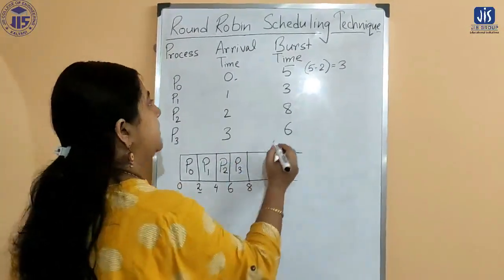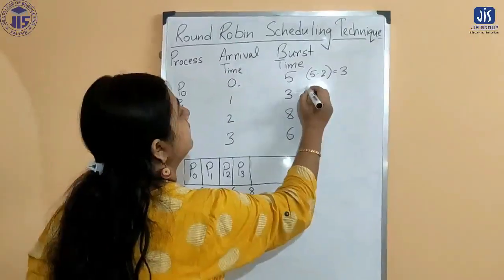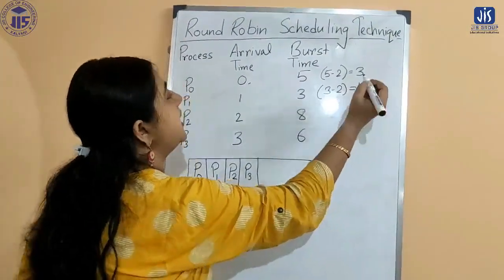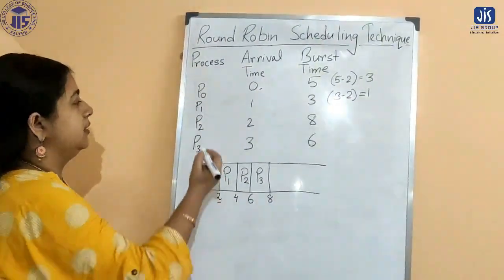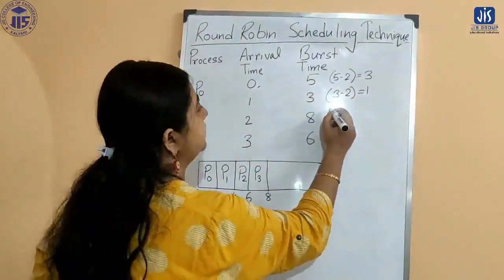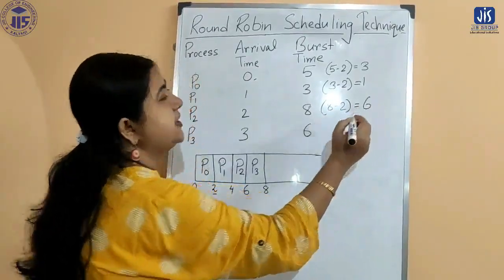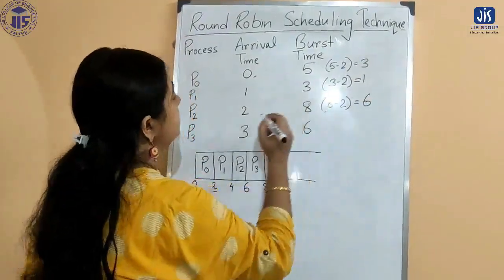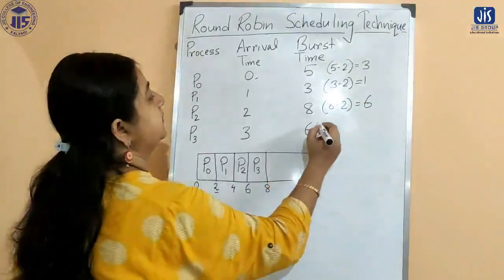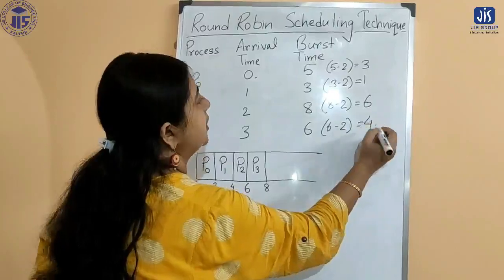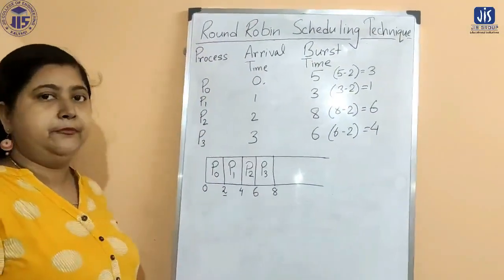For P1, the remaining time of execution is 1. For P2, 6 units of time remain for completion, and for P3, 4 units of time remain for completion.